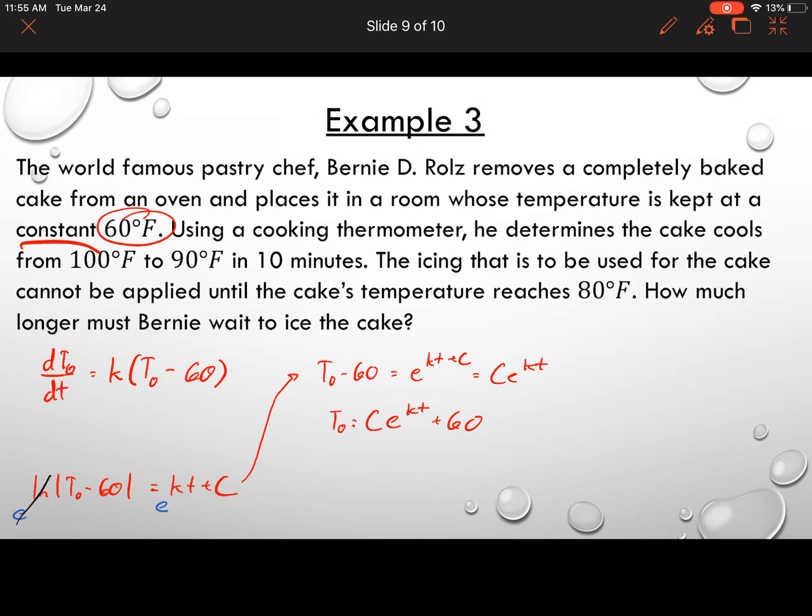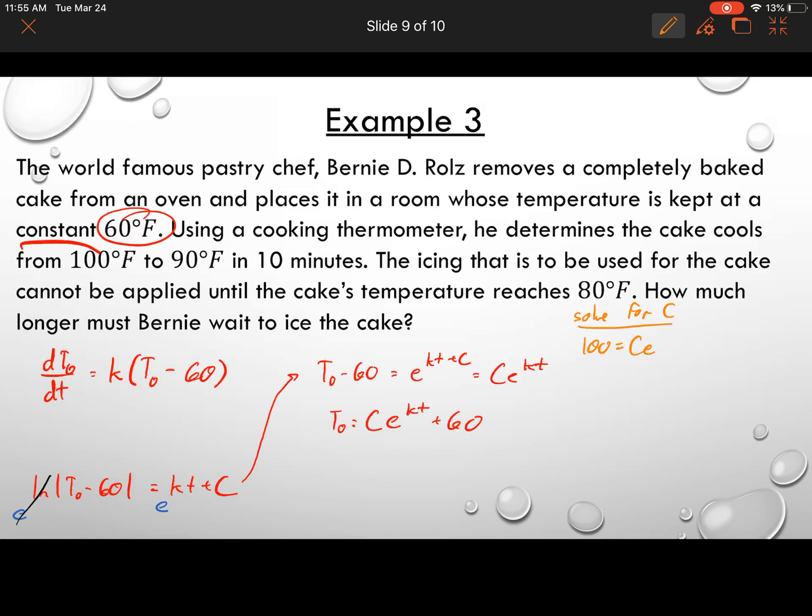All right, so now let's solve for c. We're told that the initial temperature is 100. So when t is equal to 0, the temperature is 100.